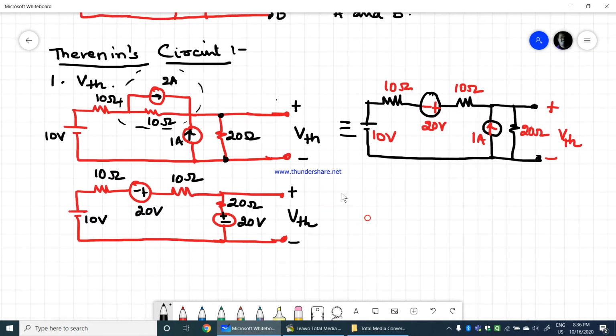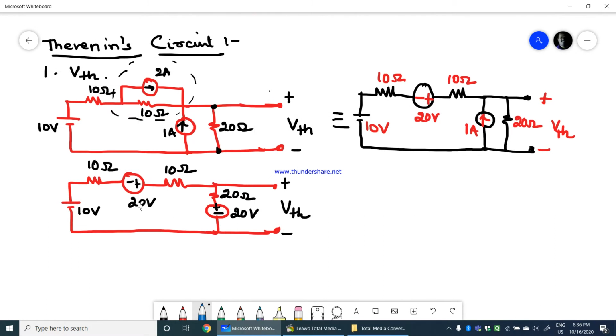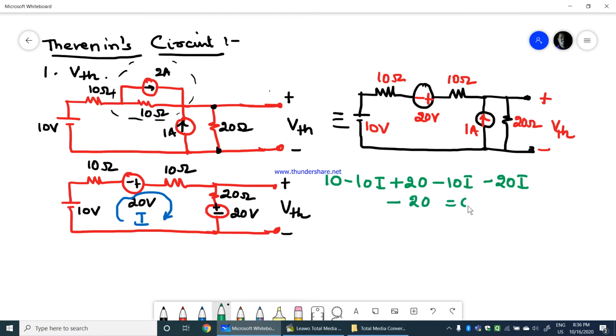Now the next step is what? I will try to find out the current through this loop, which is I. For that I will write the KVL equation. So if I write the KVL equation, what will I get? 10 plus 10 minus 10I plus 20 minus 10I again minus 20I minus 20 equals 0.